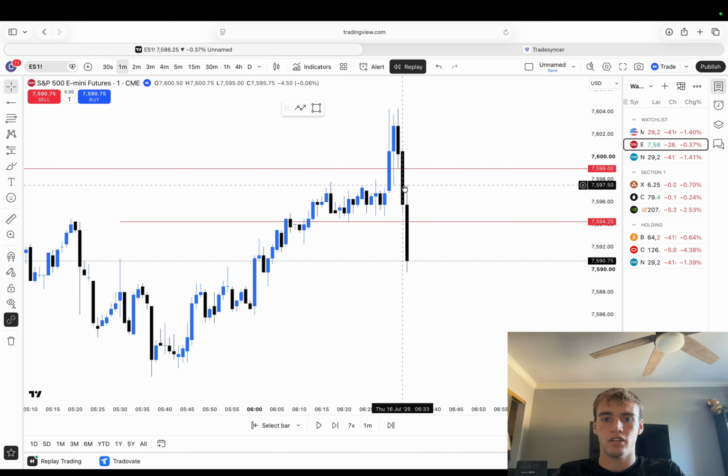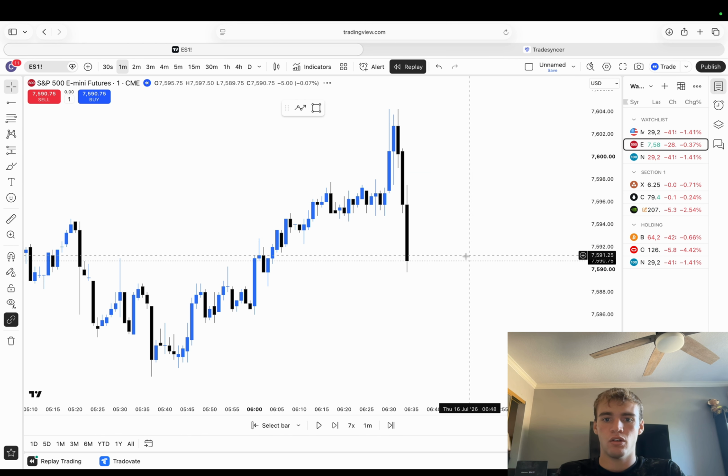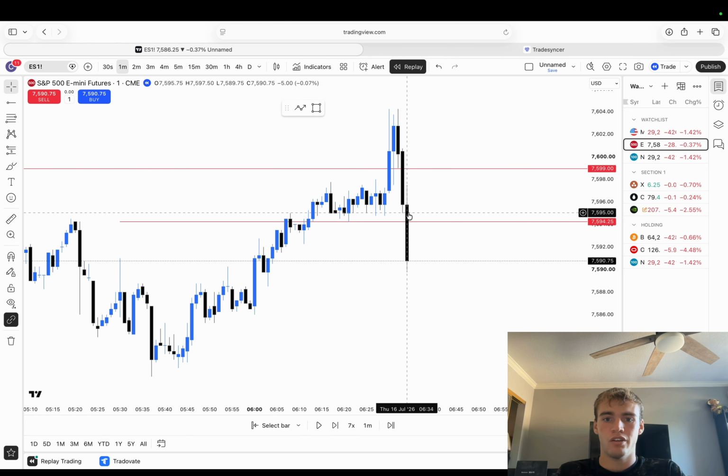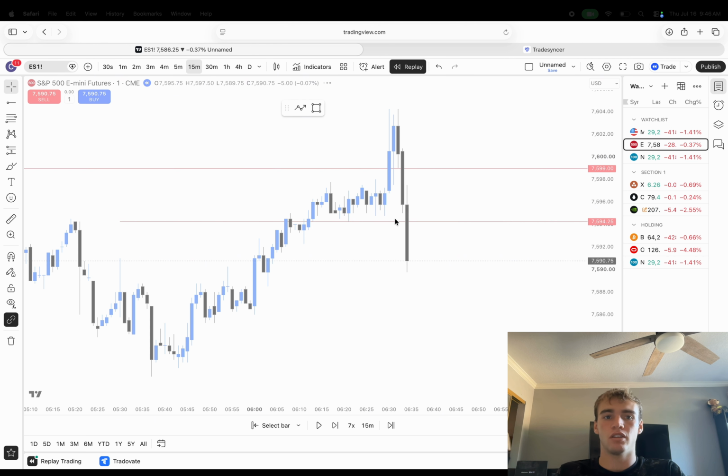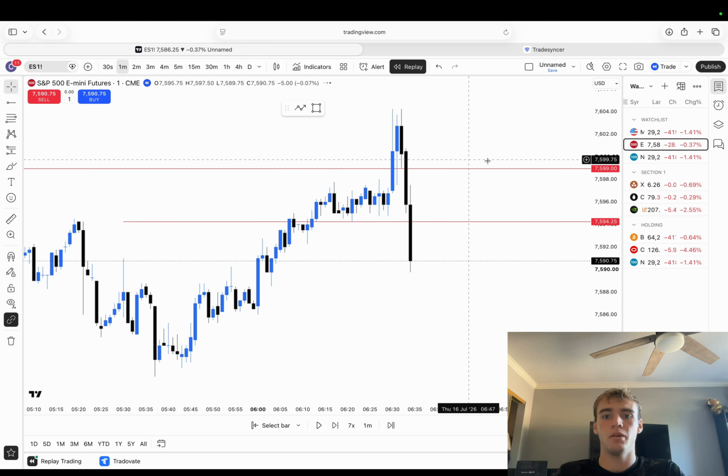And on ES, when I took the trade, we were right about here, and so I was just going to enter the trade, and I was going to go break even immediately because ES was hitting the 15-minute.